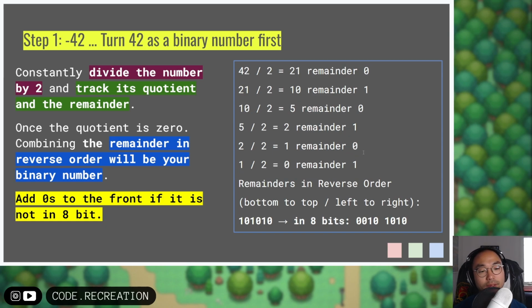From bottom to top, left to right, it creates 101010. So with 6 bits, we can represent 42 as a binary number. However, we wanted 8 bits in the system, so we add two 0s at the front so that we have 8 bits in total to represent 42.